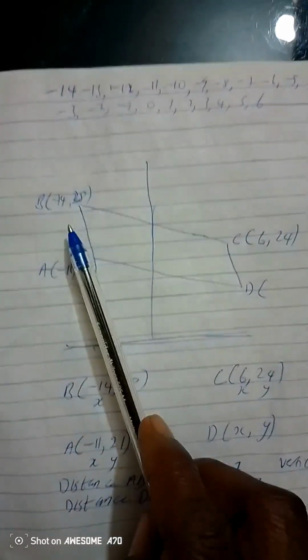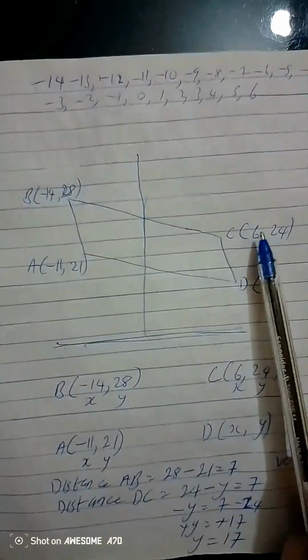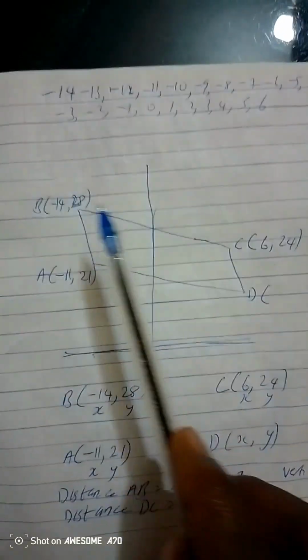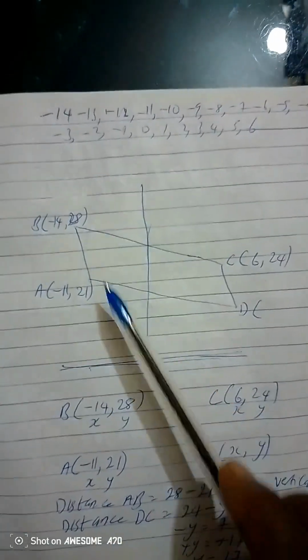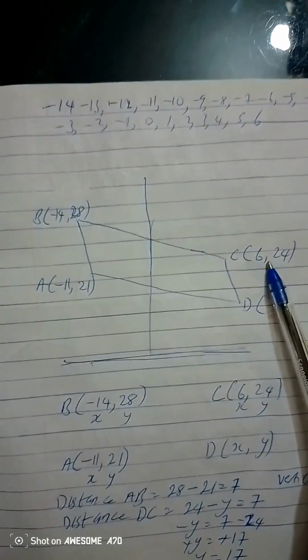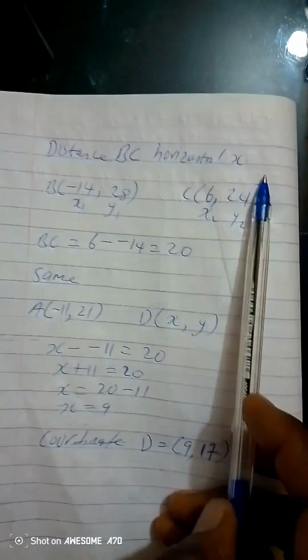So the distance between minus 14 and 6 will be 20. Why? This is 6 minus minus 14, just like 28 minus 21. That's the distance there, BC horizontal x.